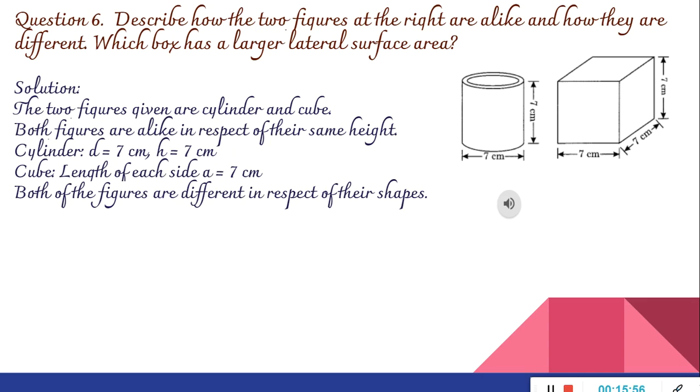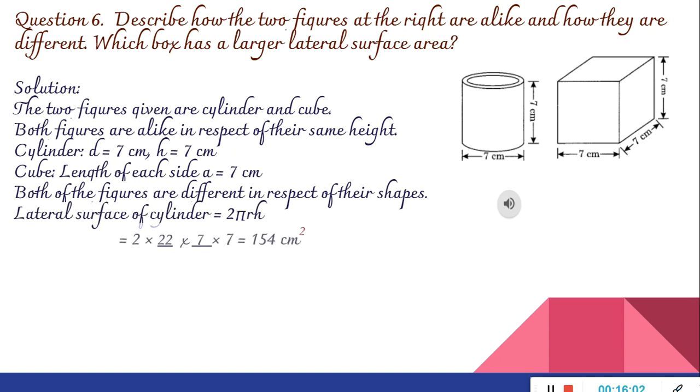So what is the lateral surface area of a cylinder? The formula will be 2 pi RH. So 2 into 22 upon 7 into 7 upon 2 into 7. 7 will cancel, 2 into 22 is 11 times, then remaining 11 into 2, 22 into 7, 154 centimeter square.